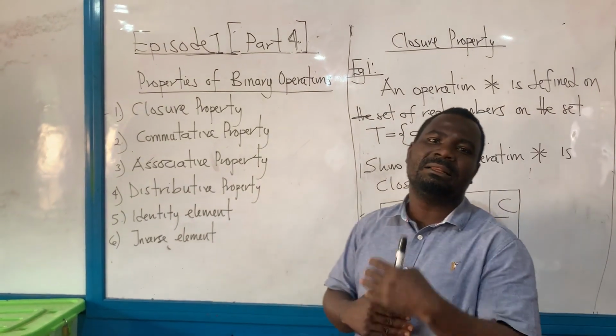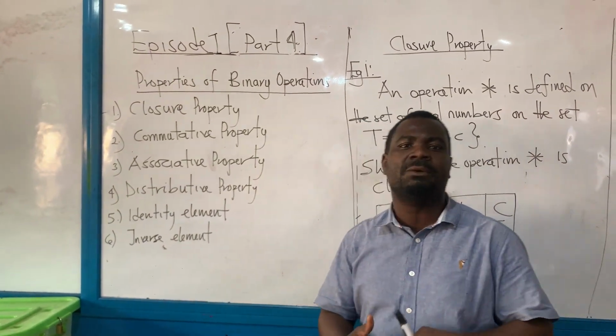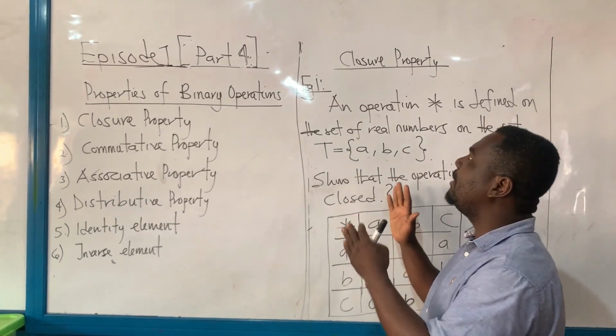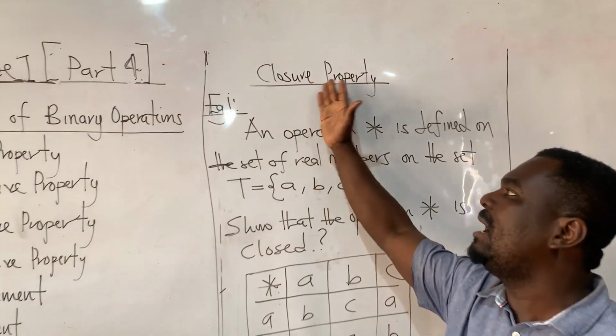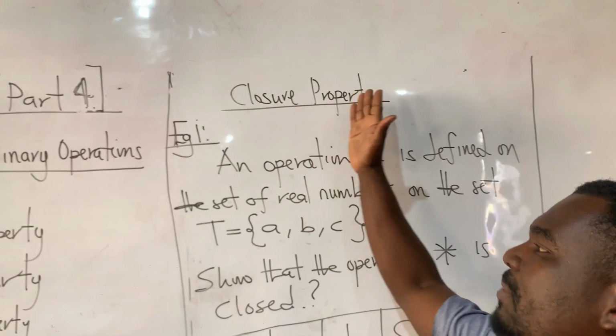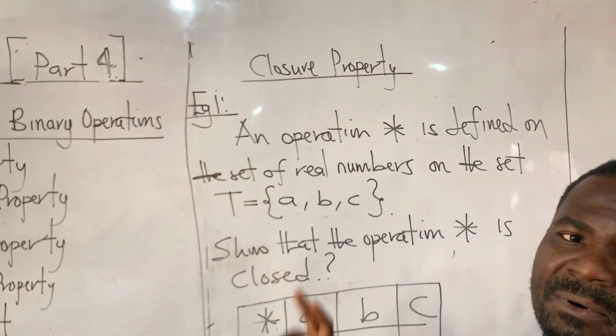I'm taking each of the properties one after the other. For now, I'm handling the closure property. So let's look at example 1.